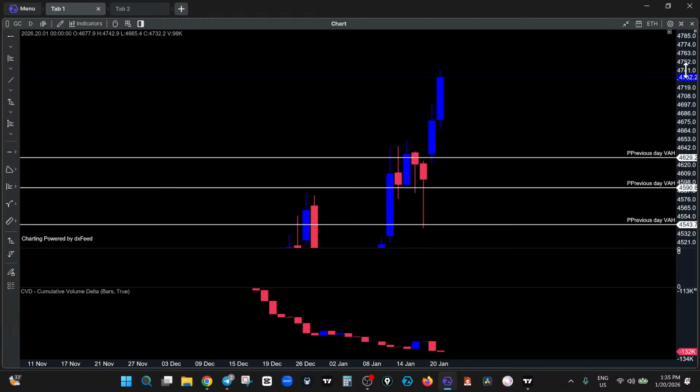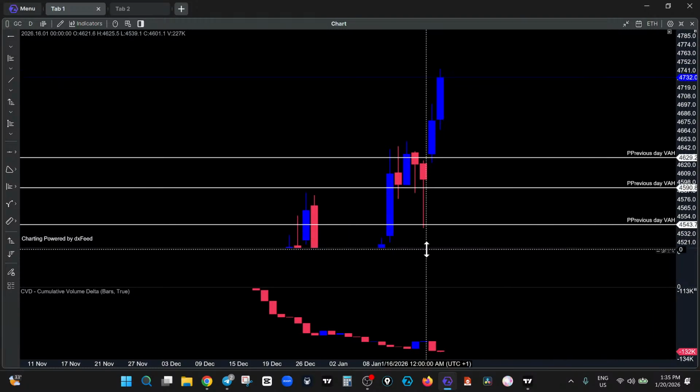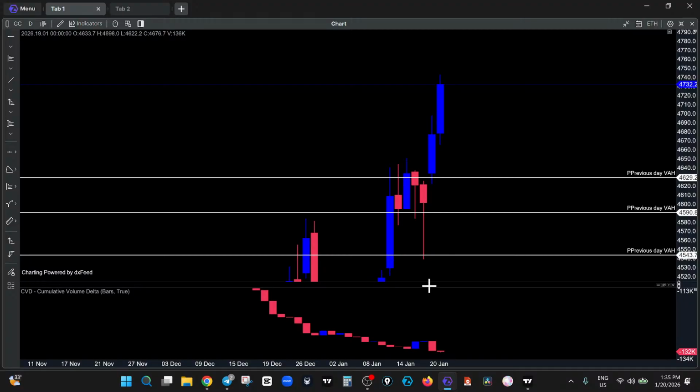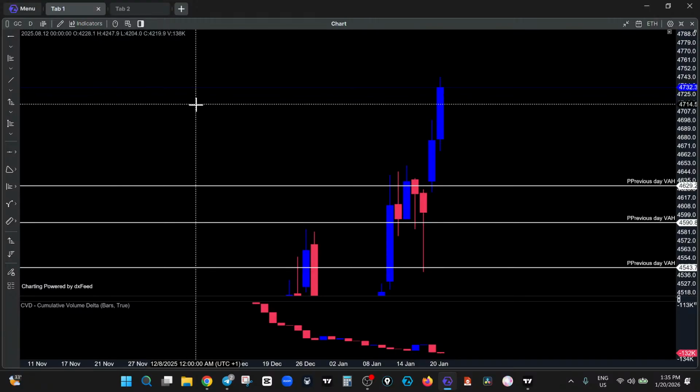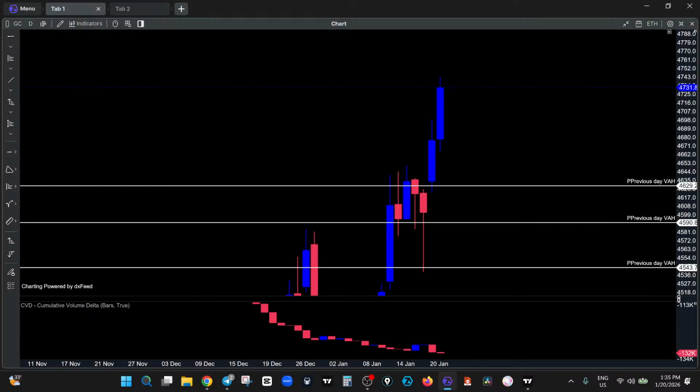So this is how the interface is. Order flow is simply seeing where orders came into the market. Where are the big players playing?